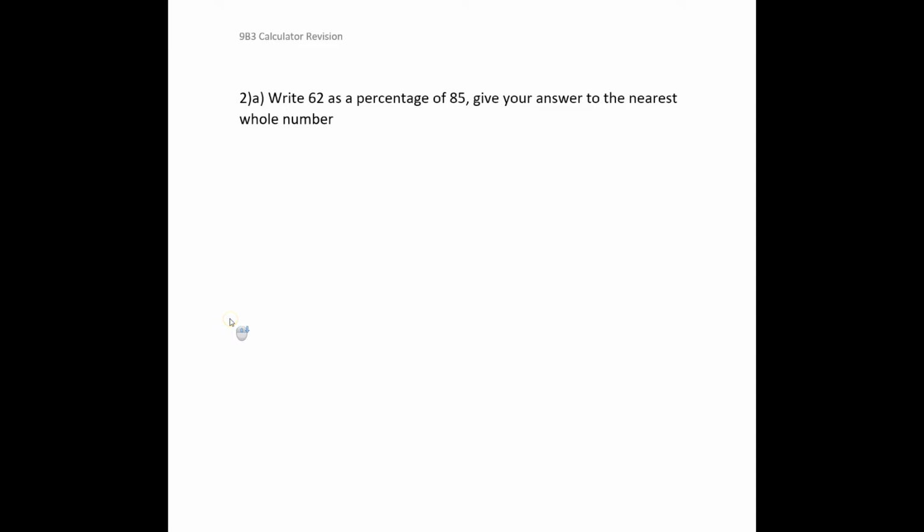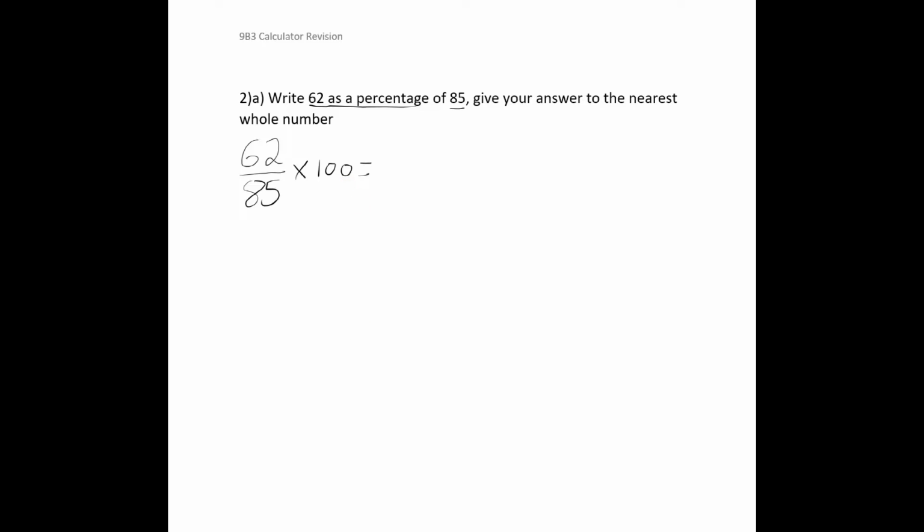We're now going to look at writing one number as a percentage of another using a calculator. We want to write 62 as a percentage of 85. What I'm going to do is do 62 divided by 85, and then multiply this by 100. There are numerous ways to do this on your calculator.